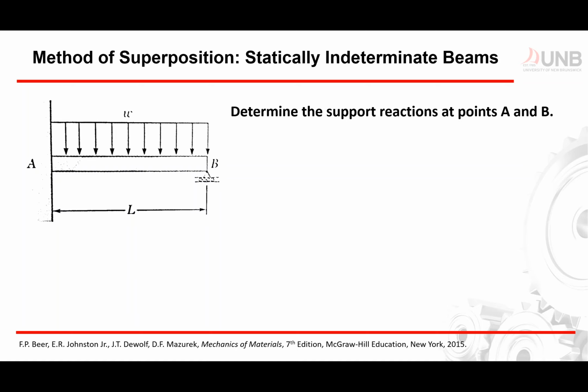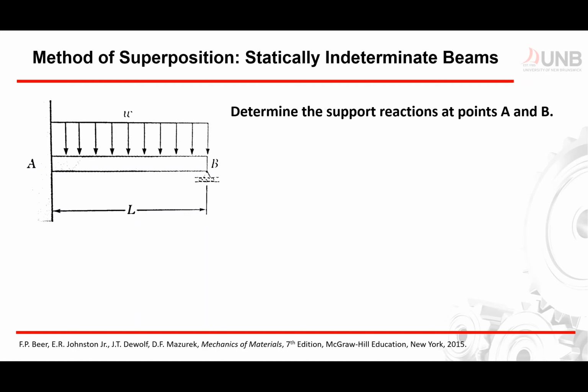As we discussed previously, if we have, let's say, a cantilever beam, we have an additional support reaction, in this case, point B. So we have three reactions at A: at X, at Y, and moment at A, and then we have another reaction which is B sub Y. So we have an indeterminate beam, and how can we calculate for this specific beam? For this problem, I'm just going to show you how this one works.